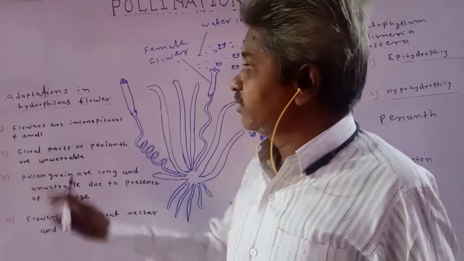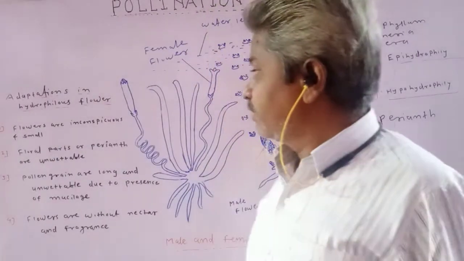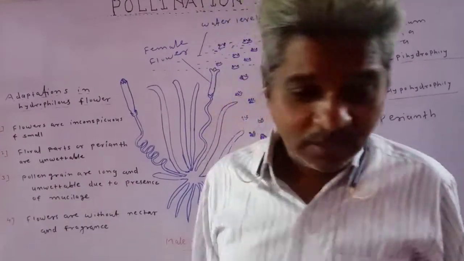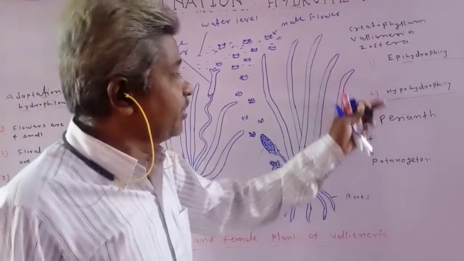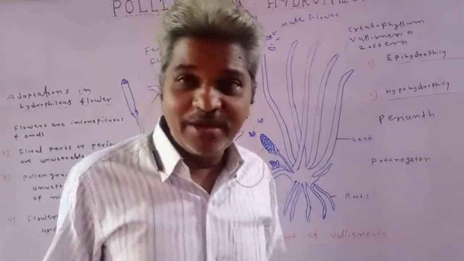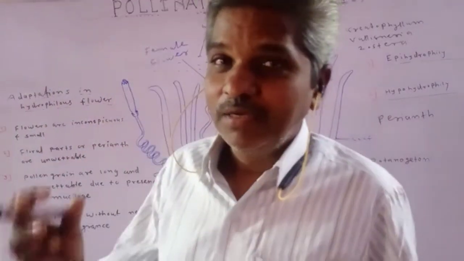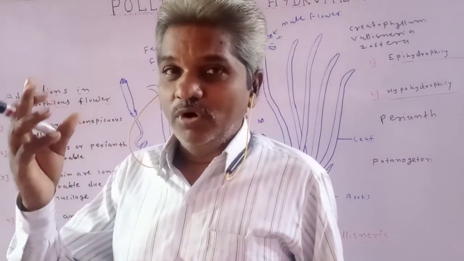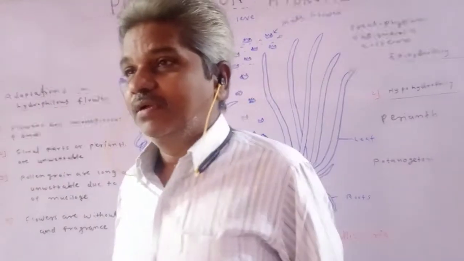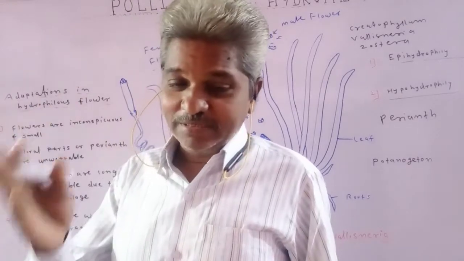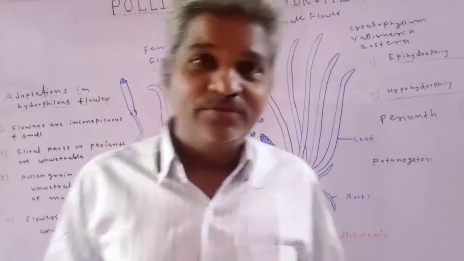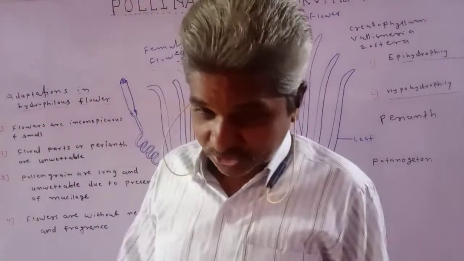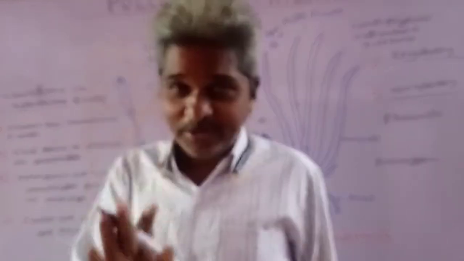Another adaptation for hydrophily is that floral parts or perianth are unwettable. What do you mean by perianth? These are modified calyx and corolla. When the members of calyx and corolla are similar, these members are called perianth.